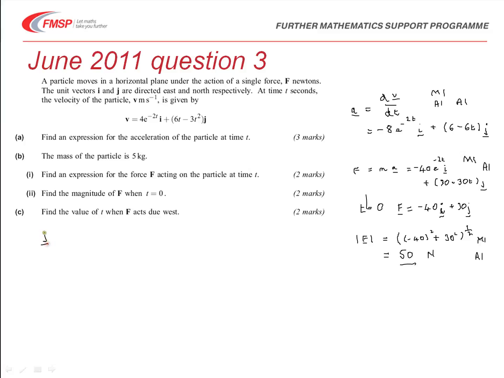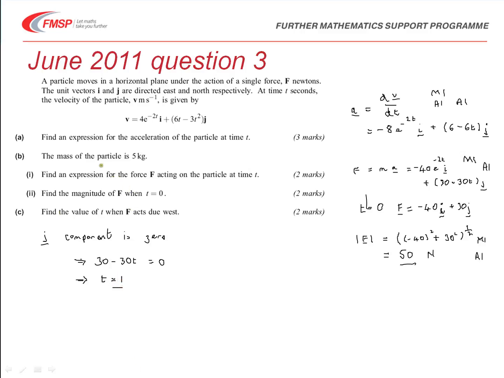So we need to state that the j component is 0, which implies that 30 minus 30t must equal 0, and so t must equal 1.